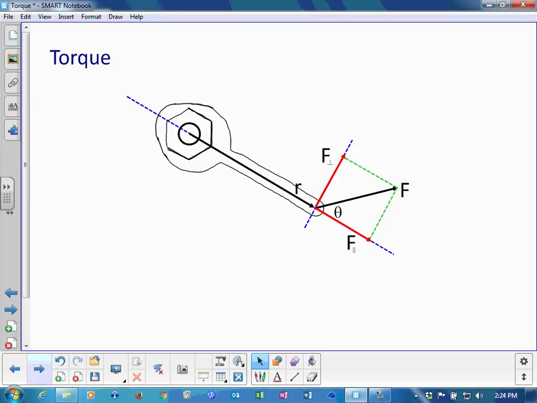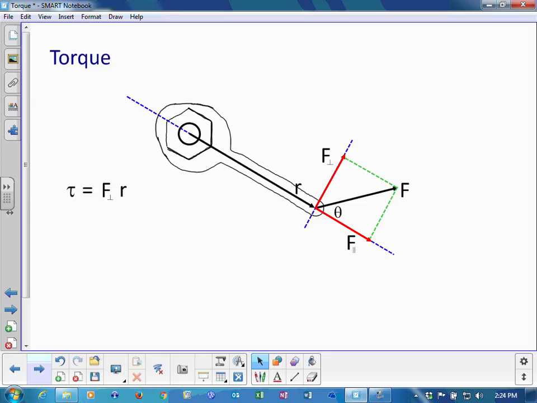The perpendicular component can exert a torque about the nut. As we pull, this component acts across the moment arm r, and it is actually causing the wrench to twist.